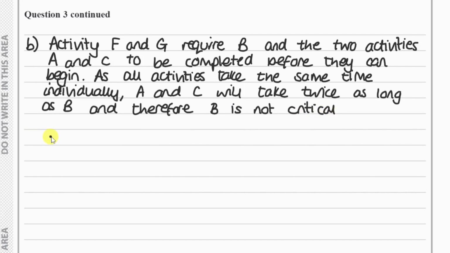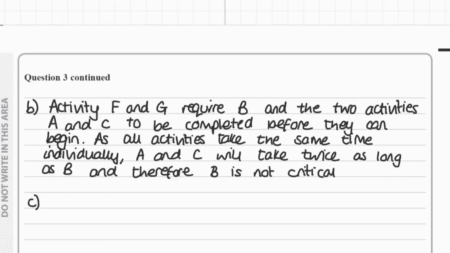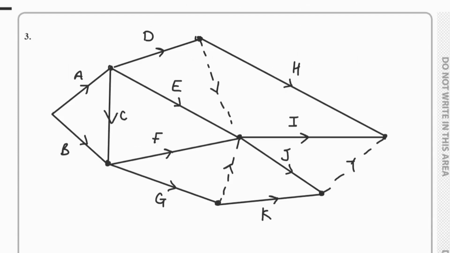Then for part C, it says state which other activities are not critical. We're going to have a look at our activity network again to help with this. We know that B cannot be critical, but A and C are likely to be. What I'm going to do is say, if that was 1, then that's another 1.